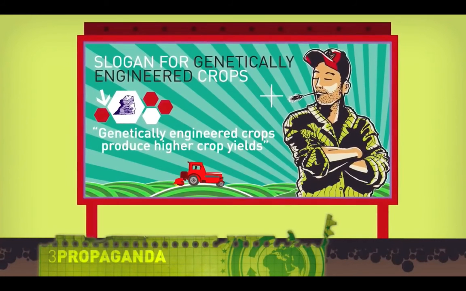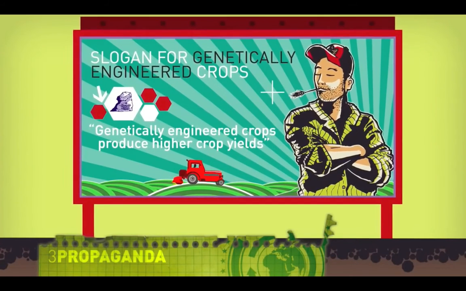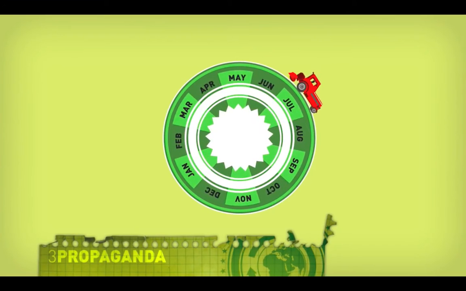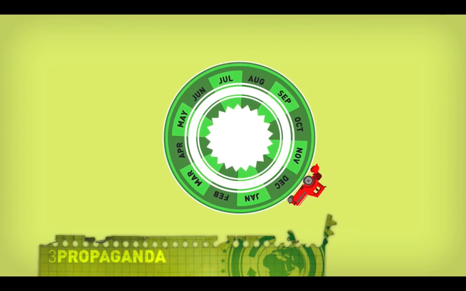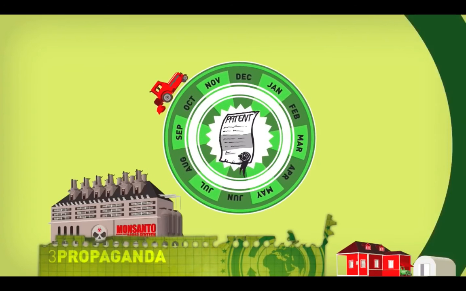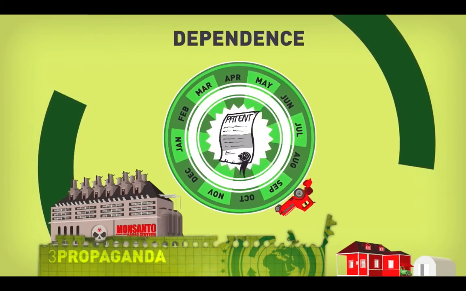Adverts from the genetic engineering lobby claim genetically engineered crops produce higher yields, but this marketing mantra is a complete hoax. It has been shown that crop yields for GE crops are no higher than normal crops, but farmers must buy more expensive patented genetically engineered seeds each year. This forces them to become dependent on corporate giants.